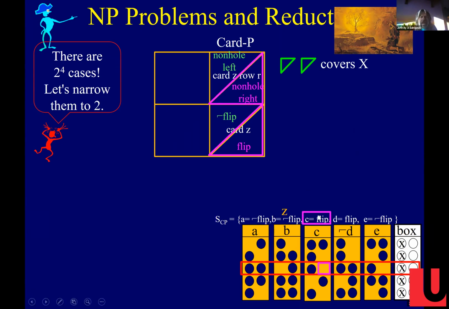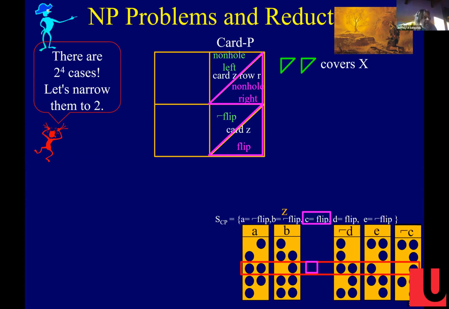Suppose here we have this card, it is flipped, and it has a non-hole on the right. So when you flip it, it had a non-hole on the right, and we flipped it, and then it covers the X. So in this case, when we're bottom, it covers the X.